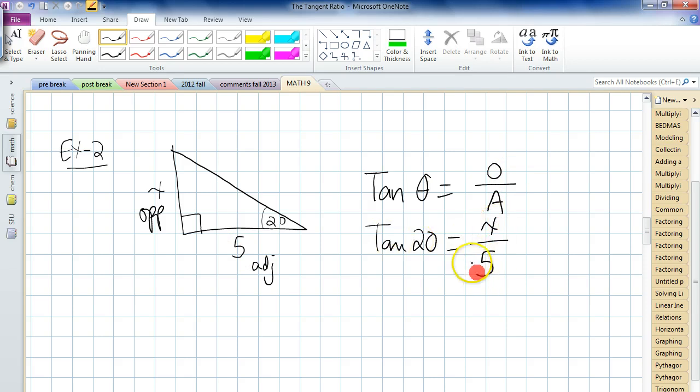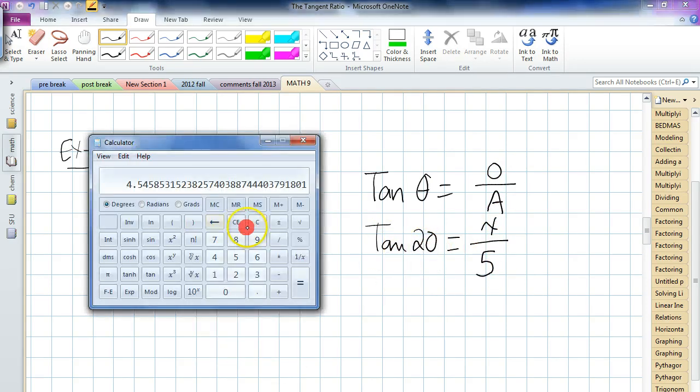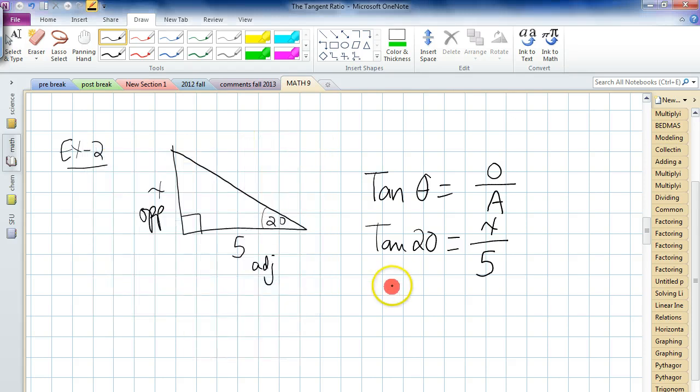So there's our thing. Let's do it. First this side, tangent of 20. So we just go 20 tan, or tan 20, depending on your calculator, and this spits out 0.36. 0.36 equals x over 5. I want to get rid of that 5. It's dividing the x. We multiply by 5 then to get rid of it.